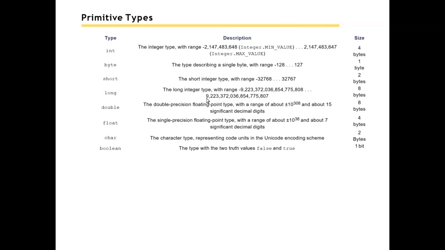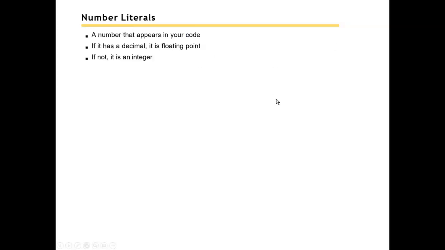Almost everybody uses double instead of a float. Char represents a character in the Unicode encoding scheme, which basically means it takes 2 bytes instead of 1 because it can do internationalization. A Boolean is true or false, and it's tiny.